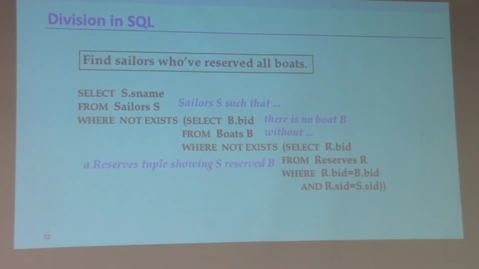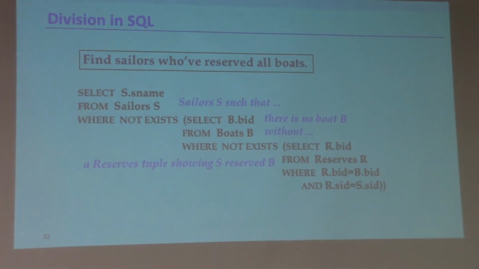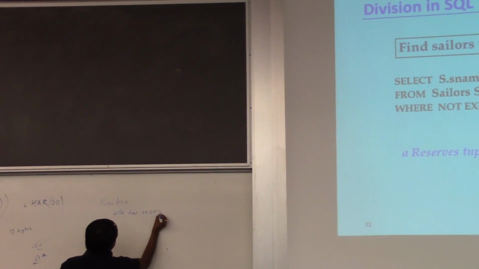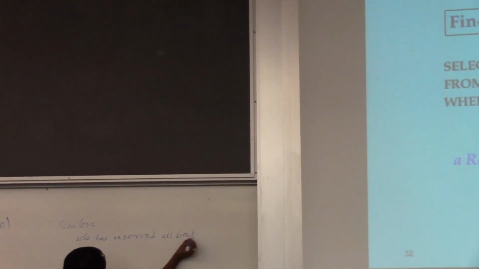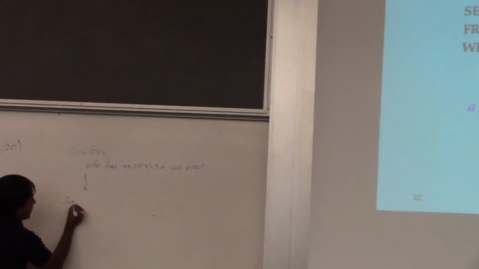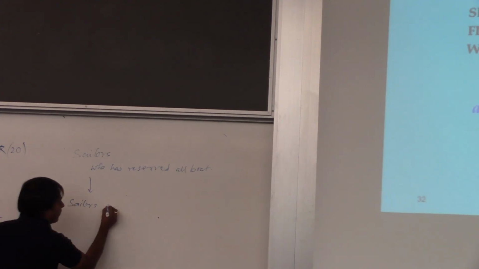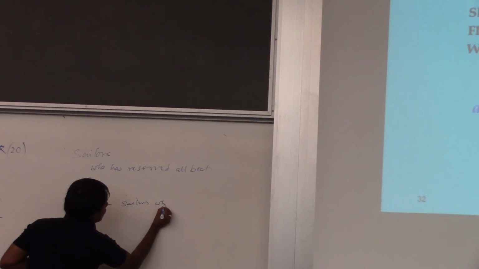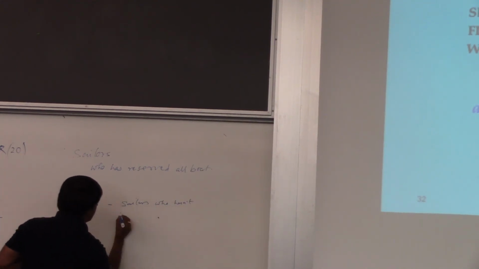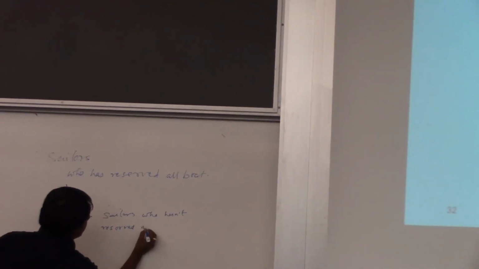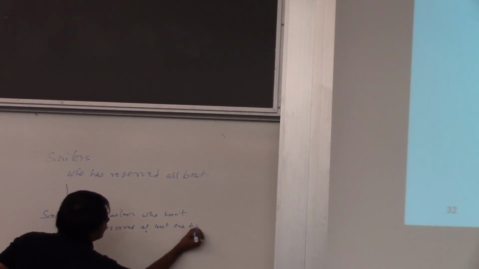This bigger block, let me draw it. So this actually means sellers minus sellers who have not reserved at least one boat, right?